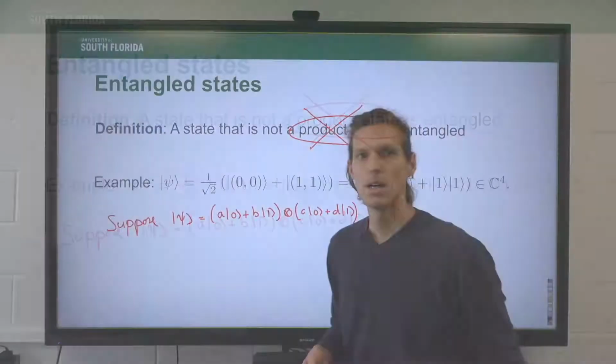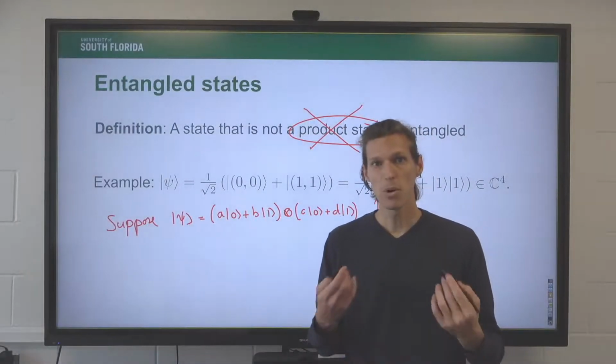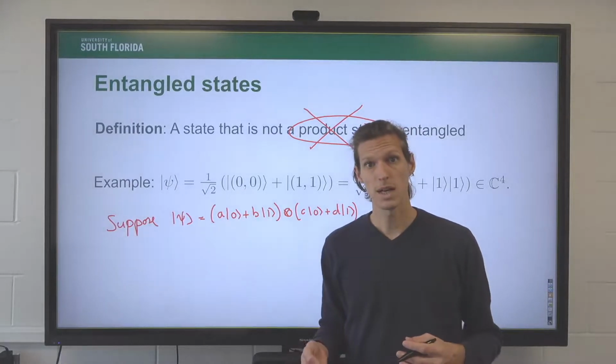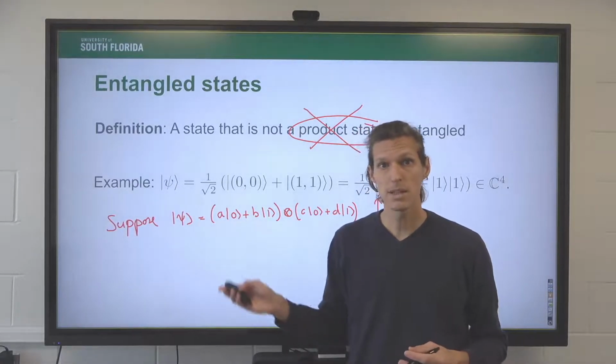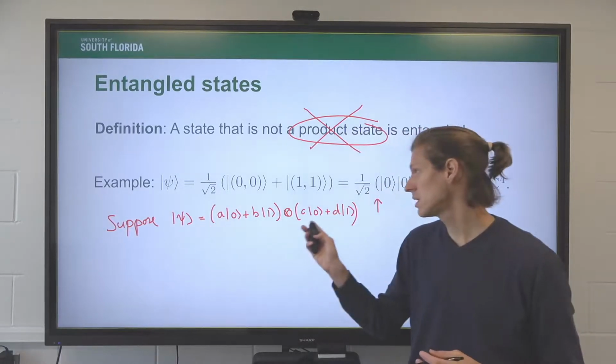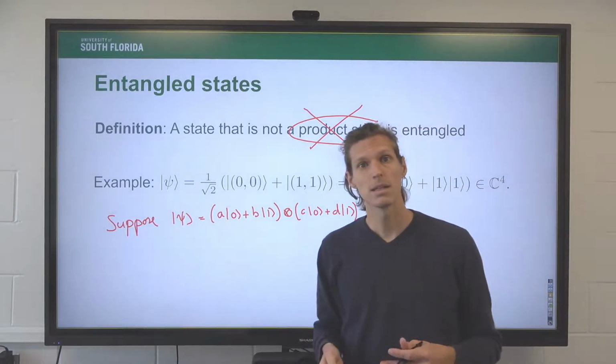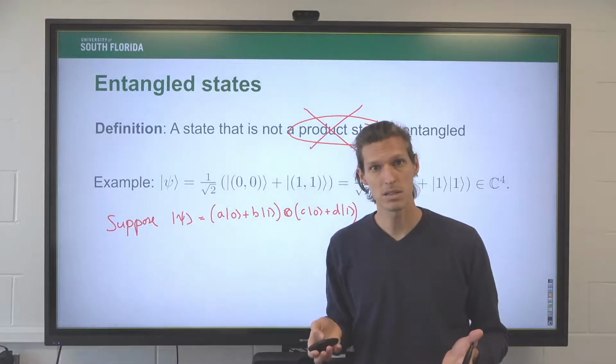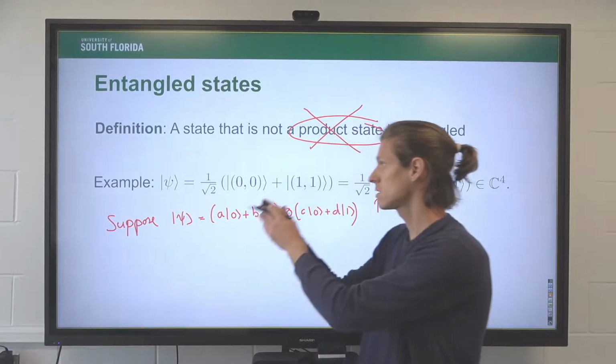So here what I'm doing is I'm supposing this is the case, and I'm going to see what kind of constraints I have on the complex numbers A, B, C, and D that make this thing impossible, okay? Because this thing needs to be equal to this.